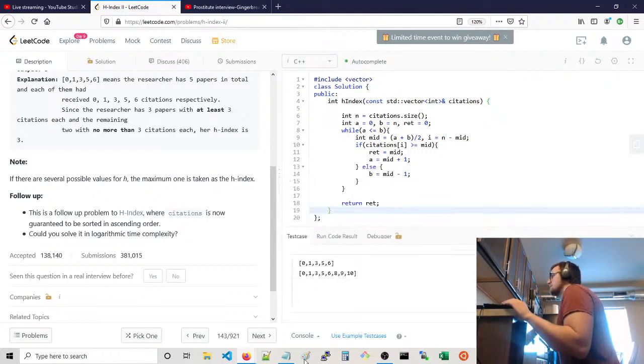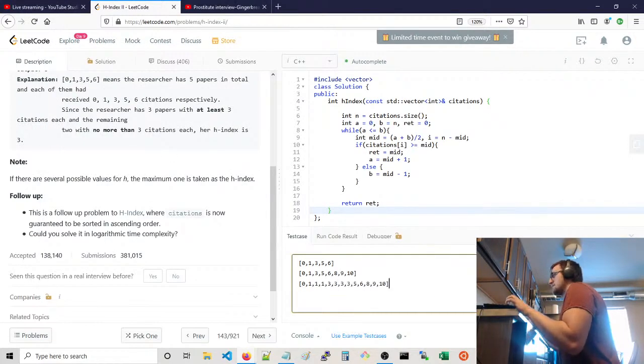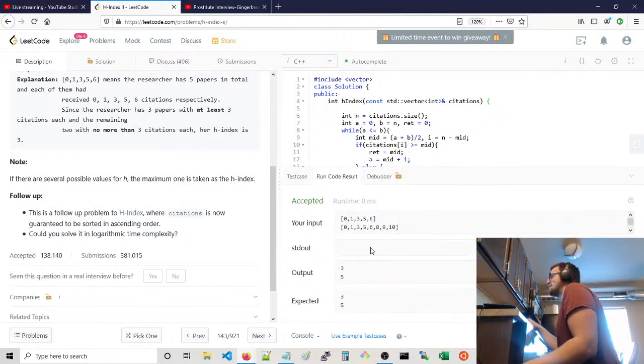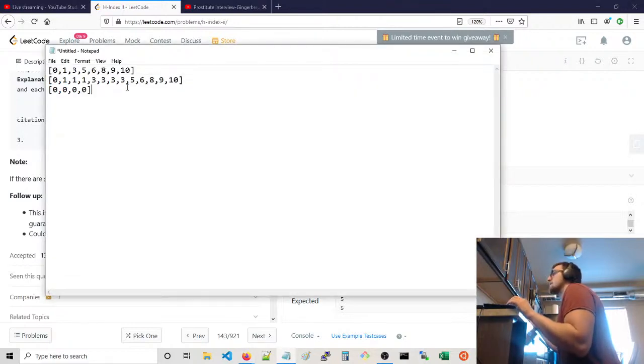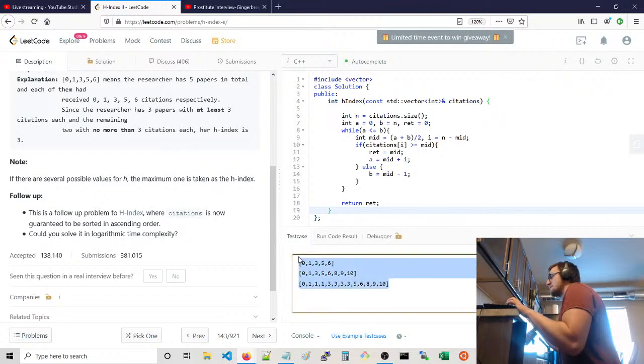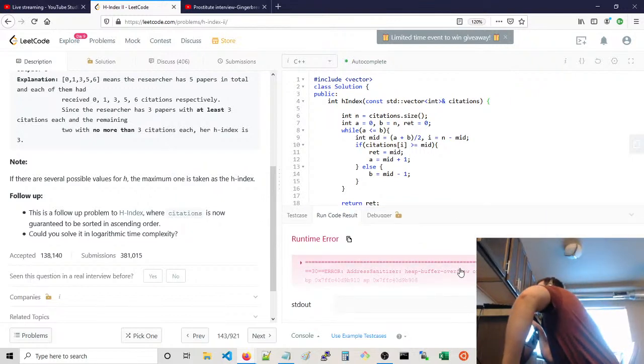Okay, got that one correct. That's good. This one. Also correct. Sweet. How about this one? All these zeros create a problem somehow. Heap overflow, buffer overflow, huh? Okay.